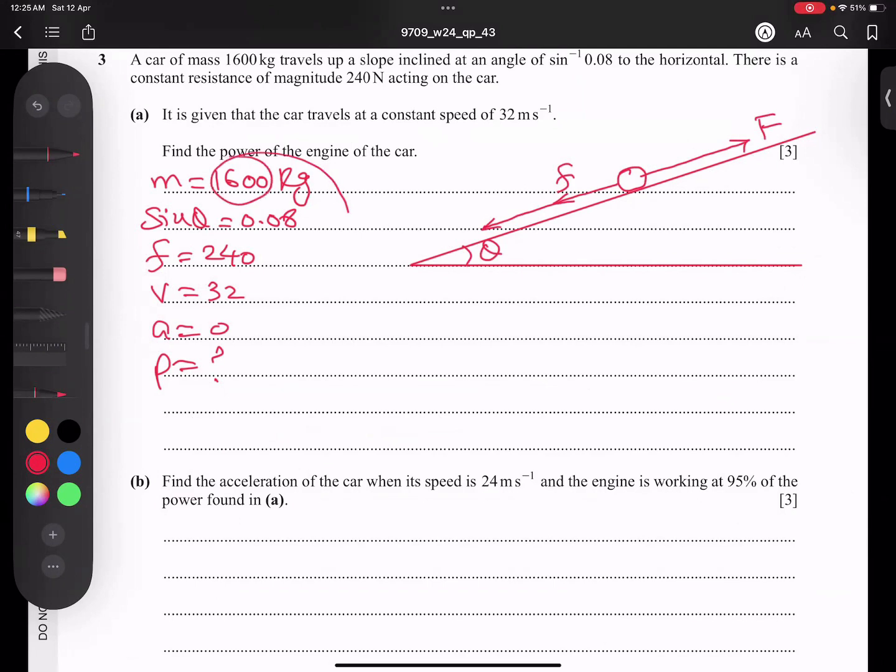What is m? 1600. What is g? 10. So 1600 times 10 into sine theta, and the sine theta value is 0.08.